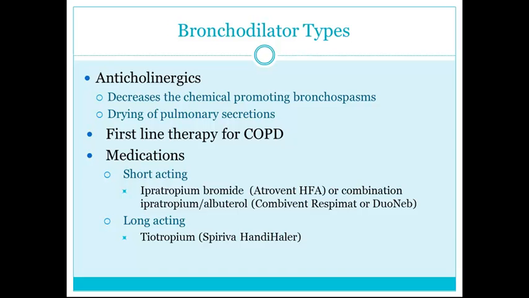Medications in this class are short-acting and long-acting. Our short-acting is the ipratropium bromide, also called the Atrovent HFA. Sometimes it's used in combination. Then we have the long-acting, which is the tiotropium or the Spiriva.